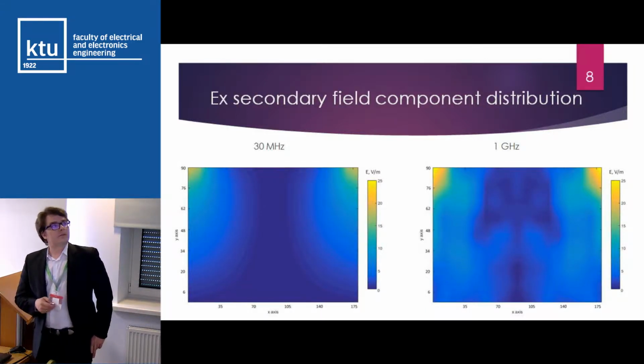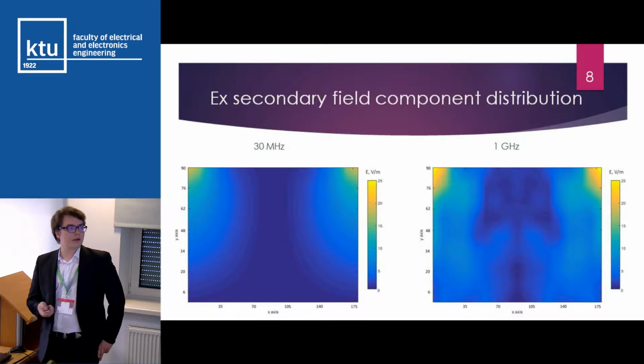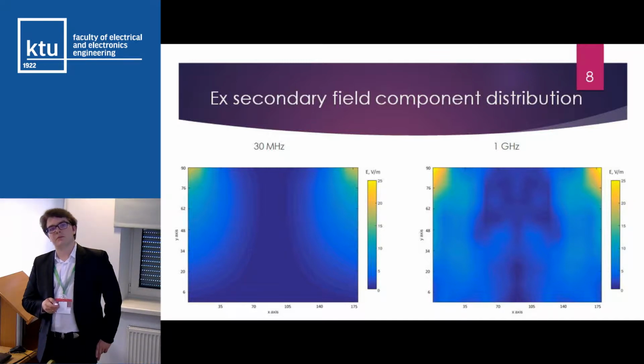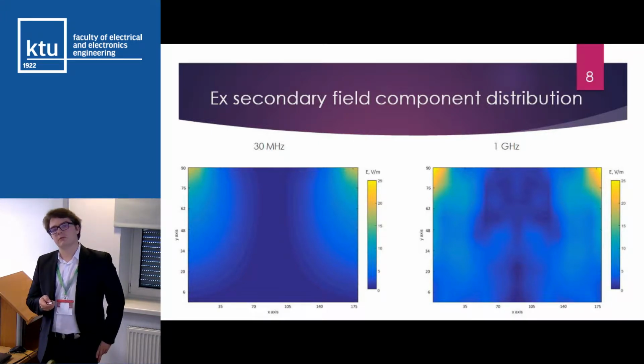For parasitic fields at EX, at 30 megahertz, we have only those corners, where the septum plate is, so we have quite a big non-uniform area at the corners, but the central area is very uniform. For 1 gigahertz, the uniformity is not so good, but actually we need this field as low as possible, so as you can see, it's quite okay.